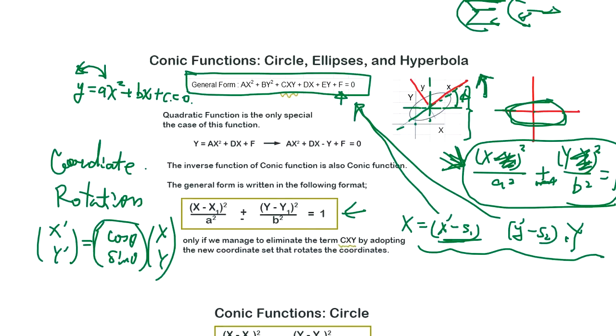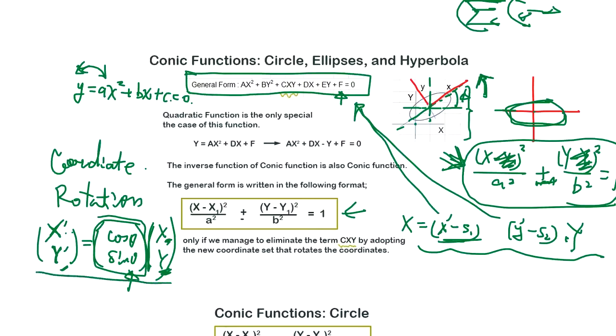This is the coordinate rotation matrix, and I'll show you later. The new coordinate x prime depends on both x and y, and the new coordinate y prime depends on both x and y, and the angle theta.